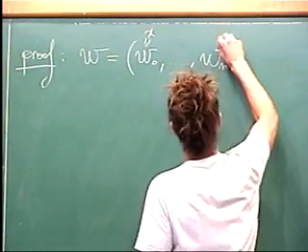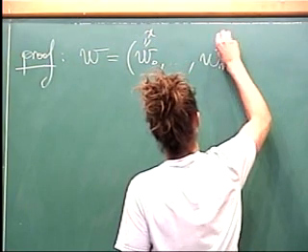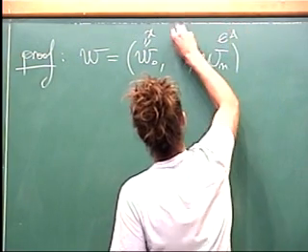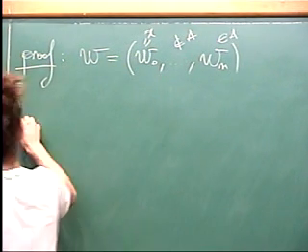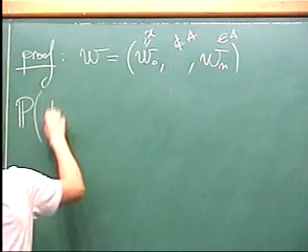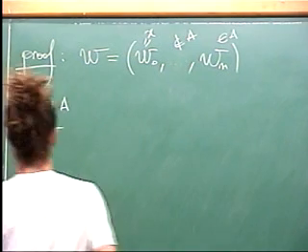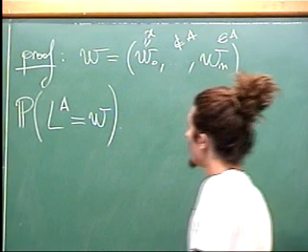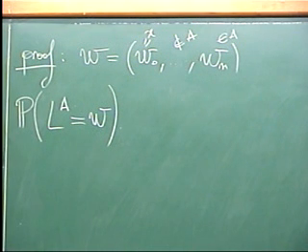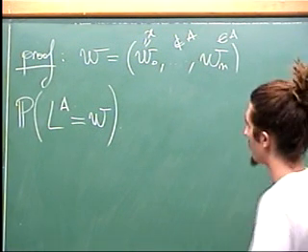This is any point of A, and the other ones are not in A. So let's calculate the probability that the loop erased, so we take a self-avoiding path.